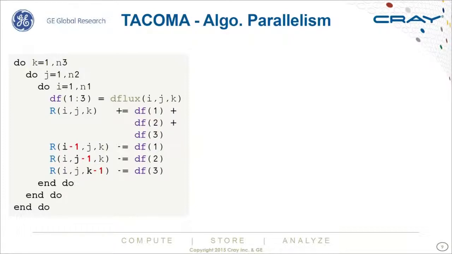What you see here is that if you were to run each of these iterations in parallel, you have this race condition because multiple iterations could be storing to the same IJK location. To highlight that in red, I'm showing these -1. So you can think of this -1 offset as being the issue.